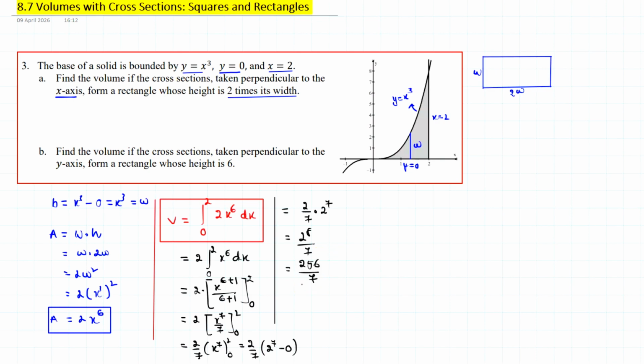This is the volume of the solid whose cross sections perpendicular to the x-axis are rectangles.